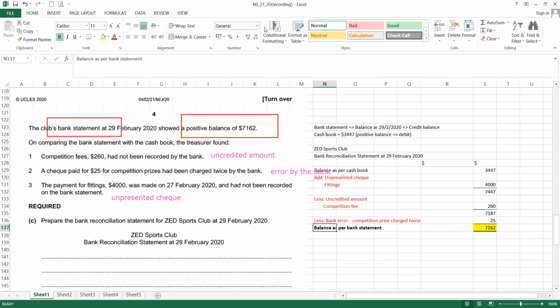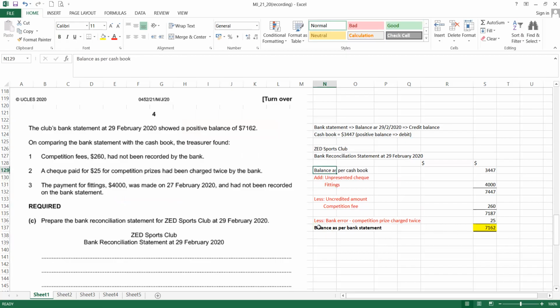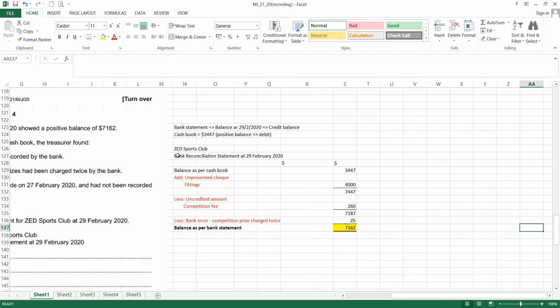Okay. If you prefer to start with the bank statement, now the other way you will get it. Let me put in this one using the bank, because you have two ways to present your answer.